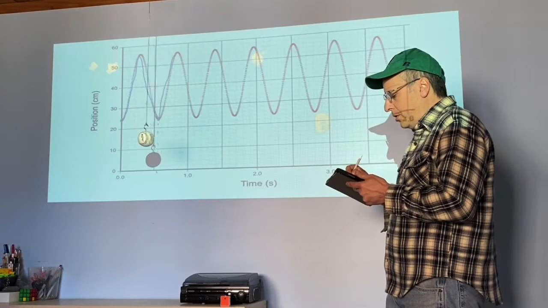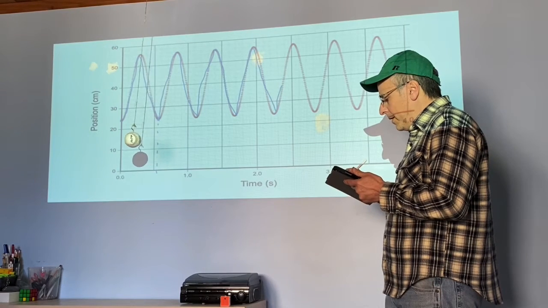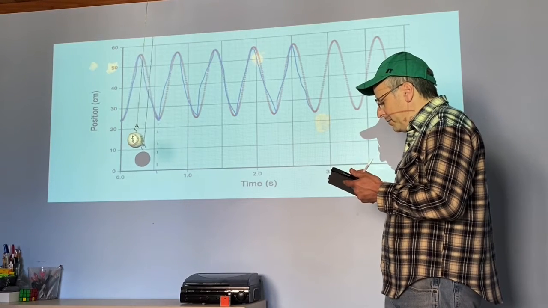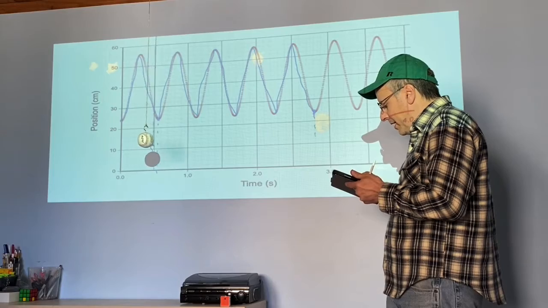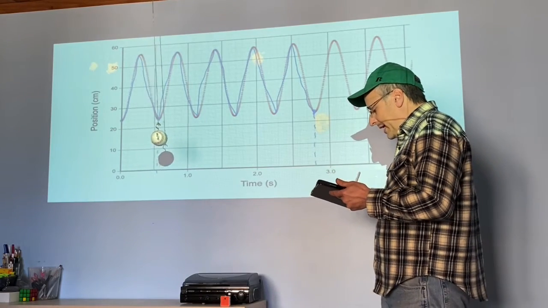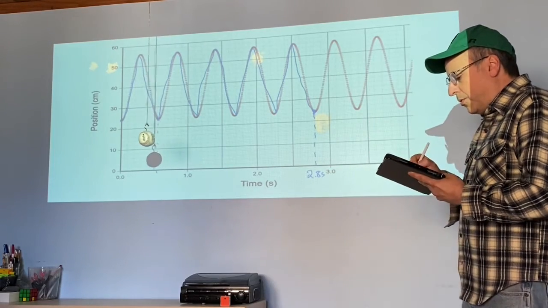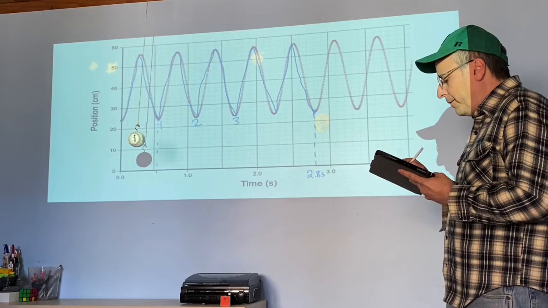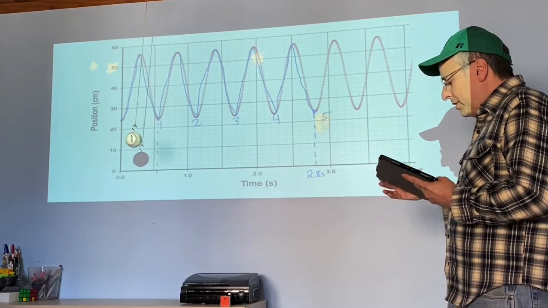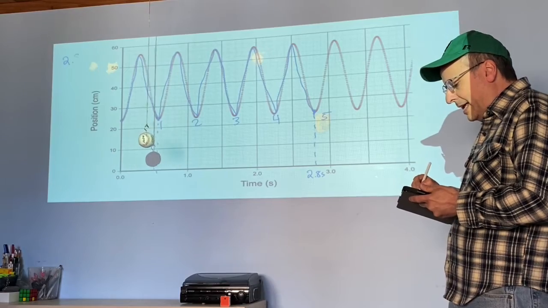Here's 1, 2, 3, 4, 5, and I'm going to stop here because I'm right on a line. I can get real accurate. That's 2.8 seconds. And again, I went through 1, 2, 3, 4, 5.